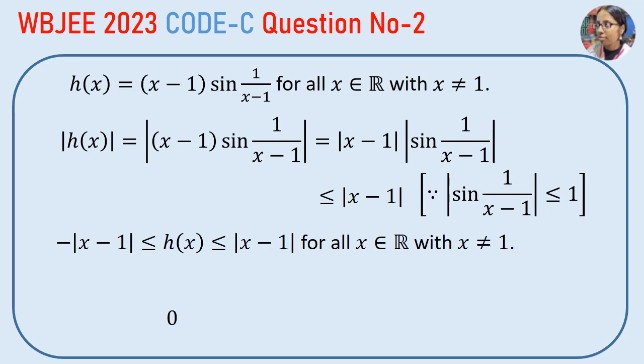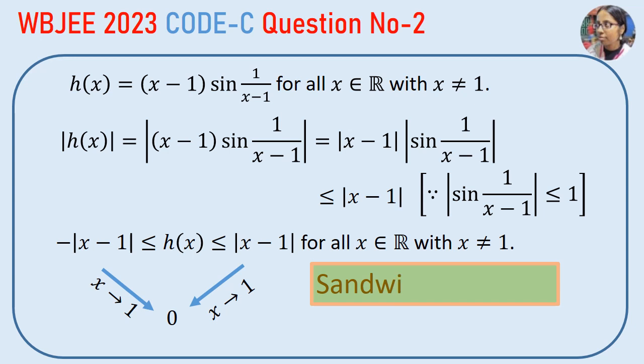We see that modulus of x minus 1 goes to 0 when x tends to 1. Similarly, minus modulus of x minus 1 goes to 0 when x goes to 1. So, by Sandwich theorem, we obtain h(x) goes to 0.